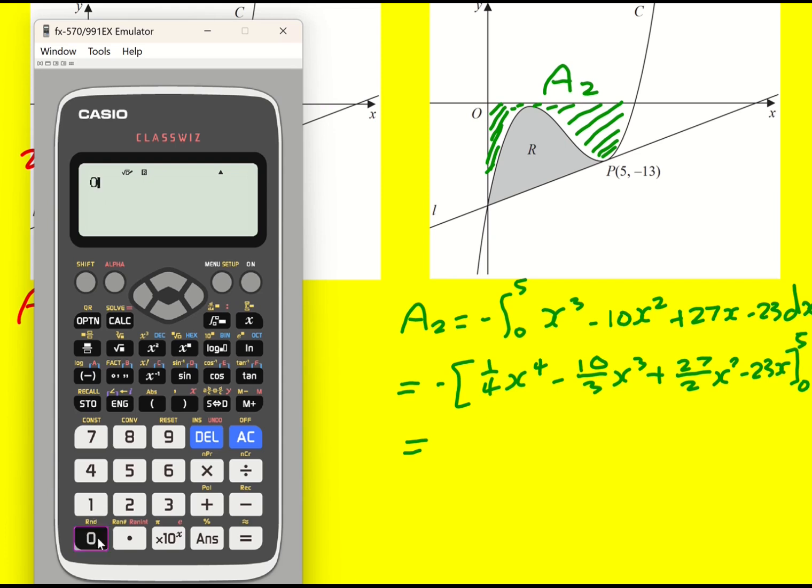So a quarter, or 0.25 times 5 squared, minus 10 divided by 3 times 5 cubed. Sorry, I think I just made a mistake. That should have been 5 to the 4, times 5 cubed.